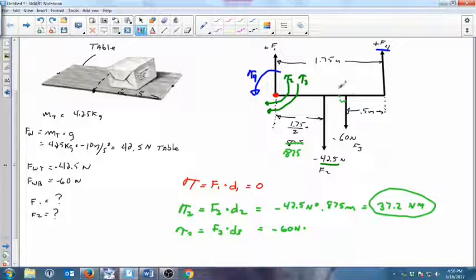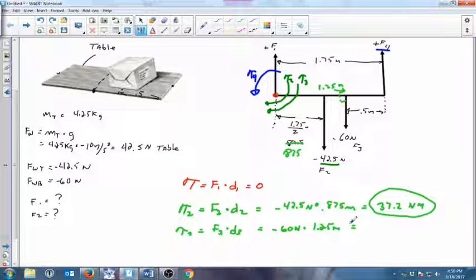But if the whole thing is 1.75, then this distance right here, going from here all the way back to this guy right here, is going to be 1.75 minus 0.5, or 1.25 meters. So I can put that in, 1.25 meters.